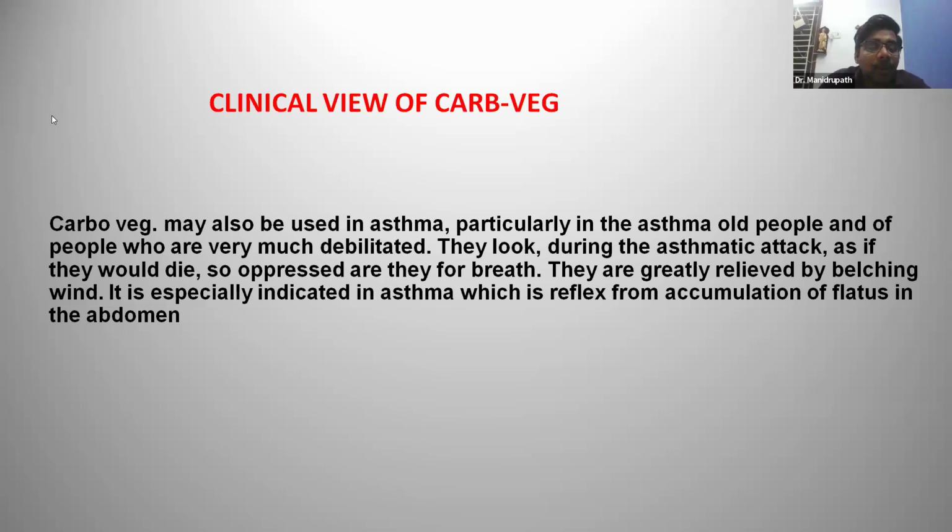They are greatly relieved by belching wind. It is especially indicated in asthma which reflects from accumulation of flatus in the abdomen. Whatever the pathology, see the asthma pathology connecting with the GI pathology. So the generalities of belching amelioration, if you find any patient having this, it can be indicated when the other totality matches.